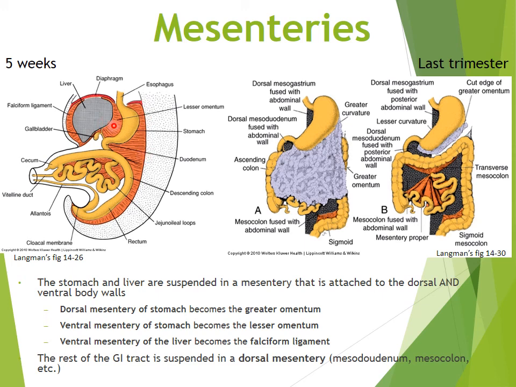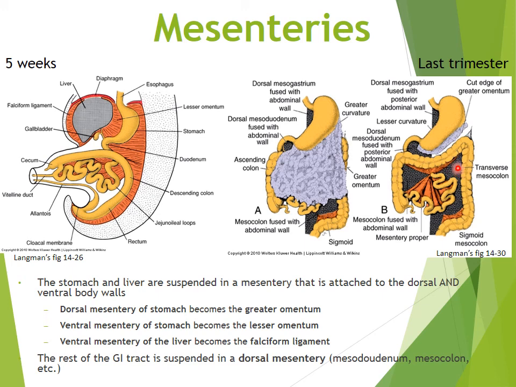The dorsal mesentery persists throughout the length of the gut tube, but the ventral mesentery is only present from the distal end of the esophagus, stomach, and the first part of the duodenum.